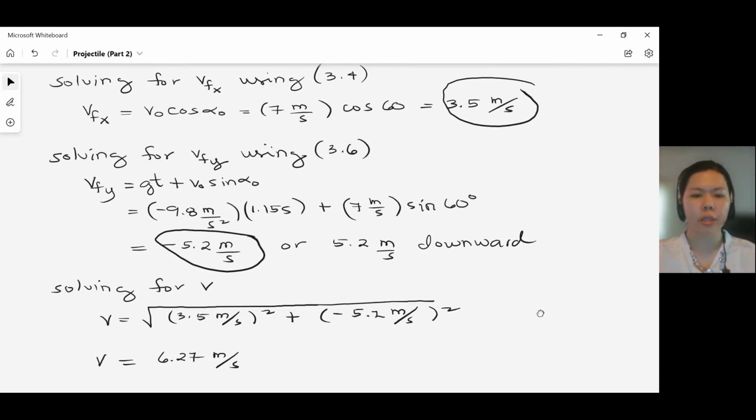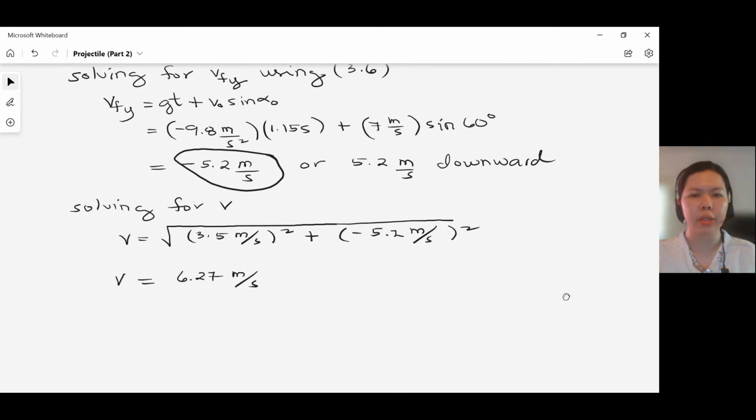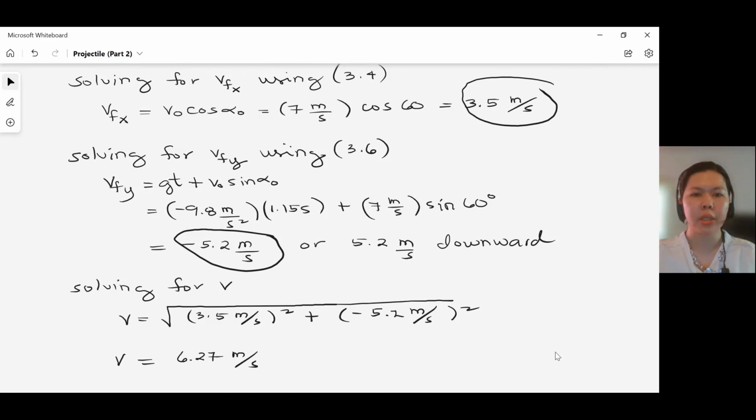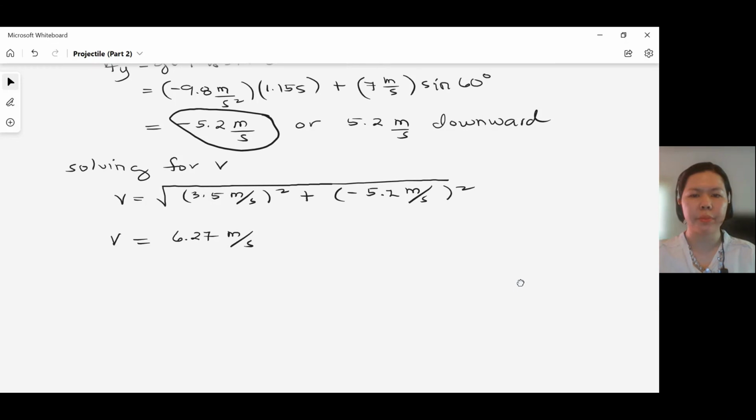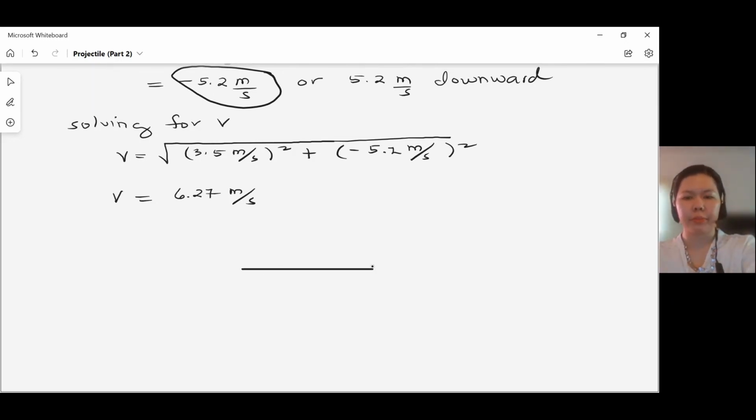For the direction, again, we sketch the components of the velocity. We have positive 3.5 and negative 5.2 along the y. So positive Vfx, rough sketch, to the right because positive Vfx. Rough sketch for Vfy is going down.